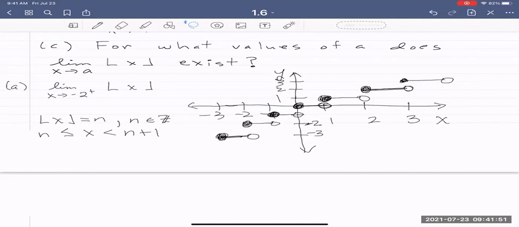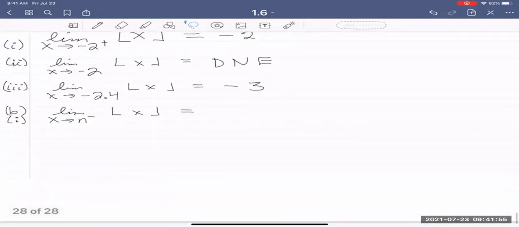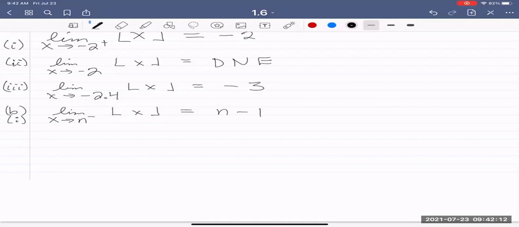Okay, and so it's always going to be 1 less. And so the left side limit as x approaches n of the floor of x is just equal to n minus 1. And that's your answer.